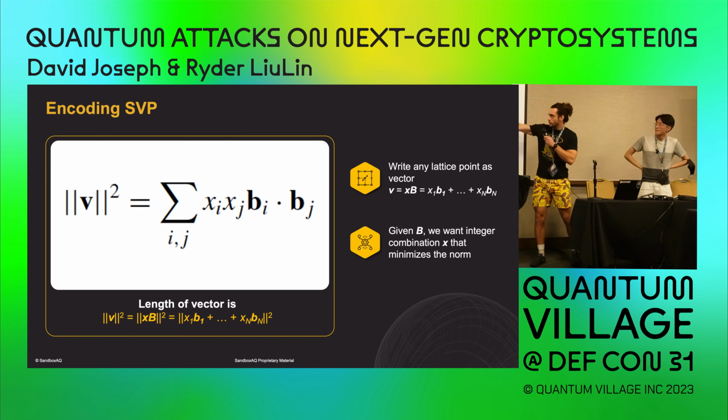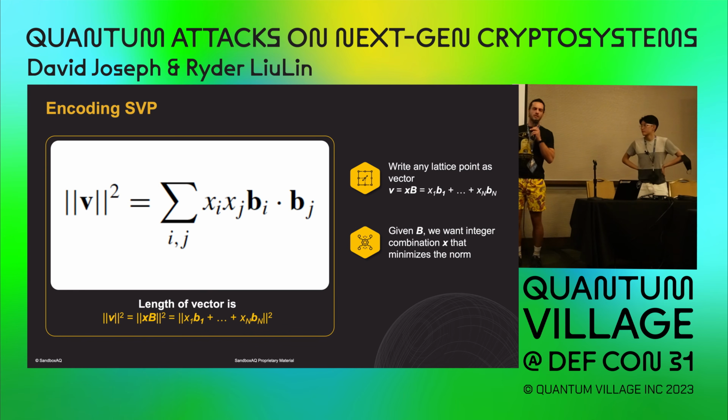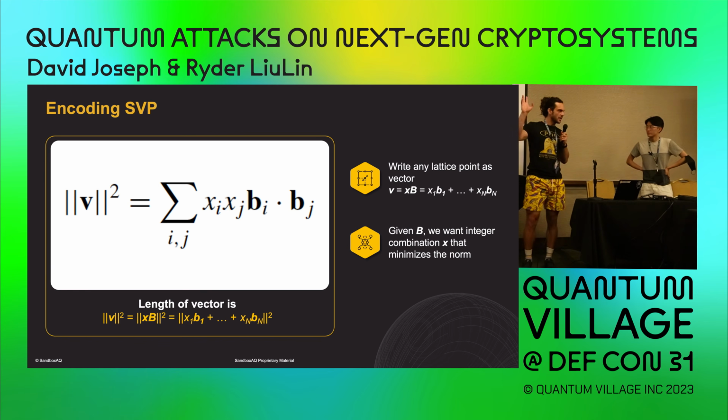So, what you see here is a representation of a vector's length, right? When we have a basis and we're told to find a combination of these basis vectors, we're basically given a series of long chopsticks in n-dimensional space, and you need to combine the chopsticks to find a short vector. And how long is the vector that we're going to end up with?